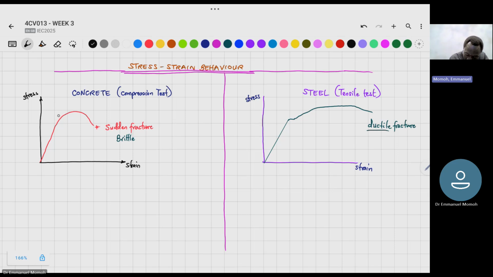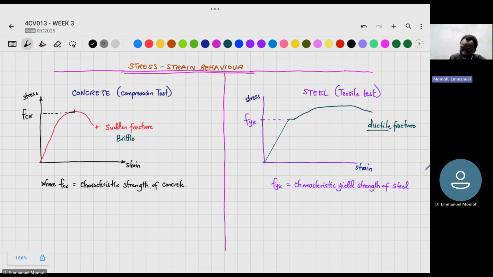So the maximum strength of the concrete is called the characteristic strength, fck. And the point at which the steel becomes nonlinear, from linearity to nonlinearity, is called the yield stress or the characteristic yield stress.